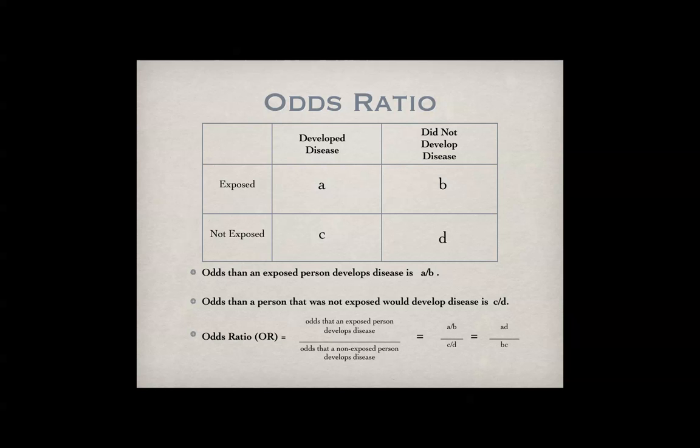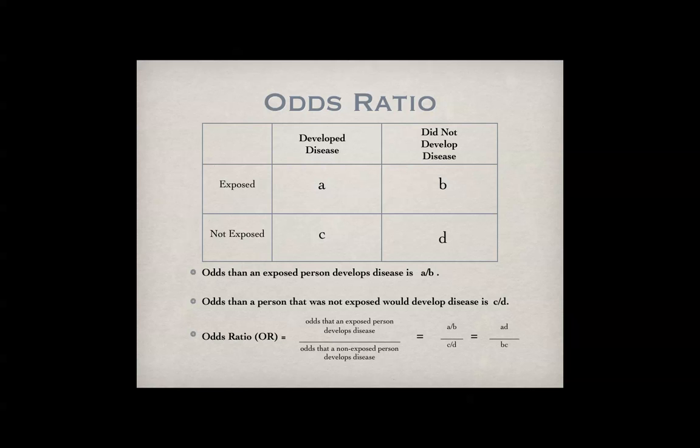So it's the odds that an exposed person develops the disease divided by the odds that a non-exposed person develops the disease. That's the total odds ratio. And that's what our formula is going to look like: A divided by B in our numerator, divided by C divided by D. Okay, and I forget whatever the principle is under algebra about when you have fractions within a fraction.